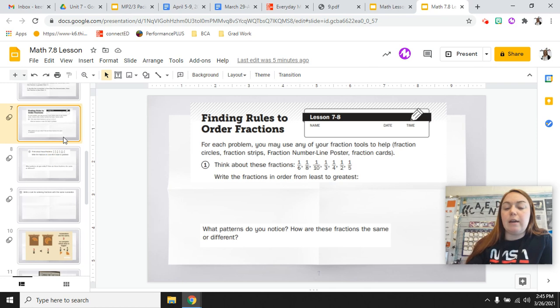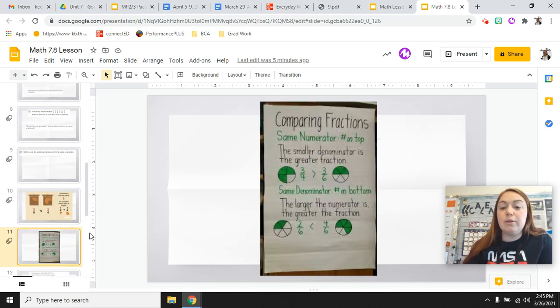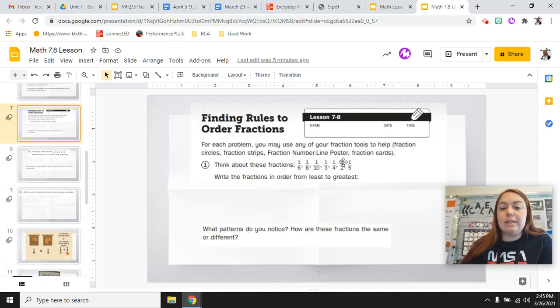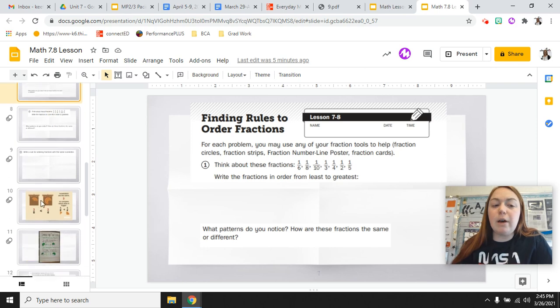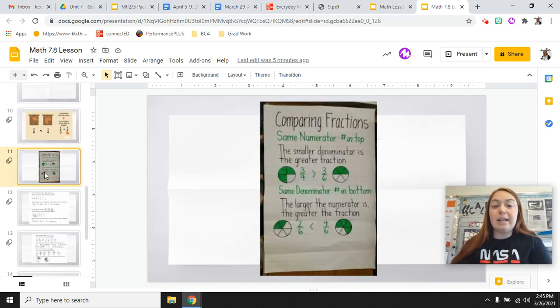So remember, like it says here, the smaller the denominator, the bigger the fraction is. So look at these examples. The smaller the denominator, the greater the fraction is. So remember, you're going from least to greatest, okay? So reevaluate your work. That's a part of day 2 lessons, is to revise and edit. So I want you to go back, check your work, and then start the video again when you're ready to look at some examples.